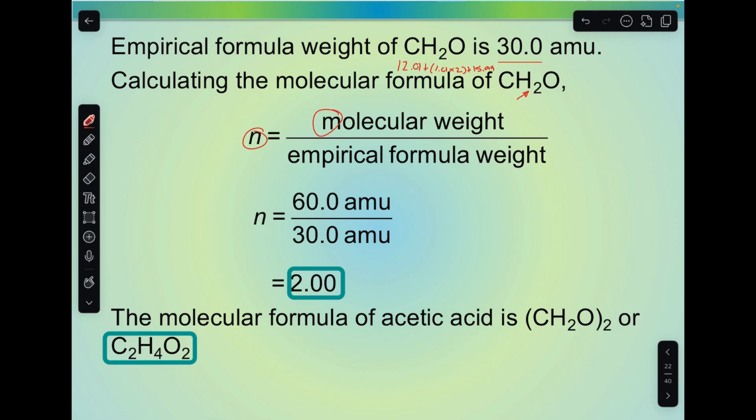We have the molecular weight, we have the empirical formula weight, and so we will divide 60, which was given on the other page, by 30, which is going to give us 2. So that means that each of the subscripts will just multiply by 2, and we'll get the molecular formula from the empirical formula.